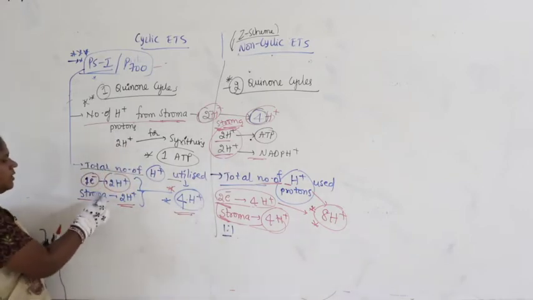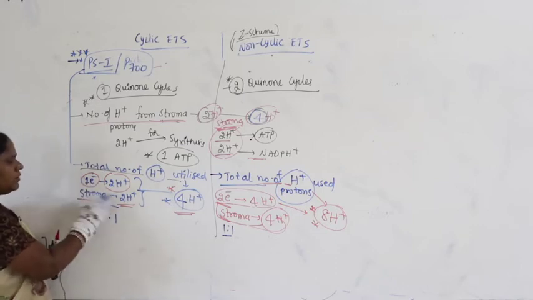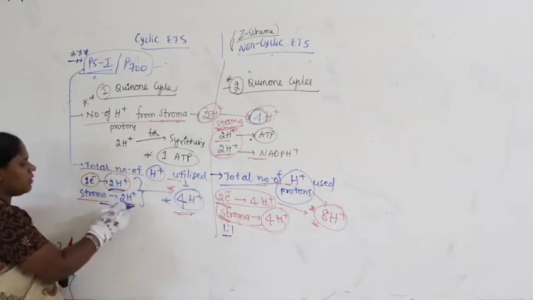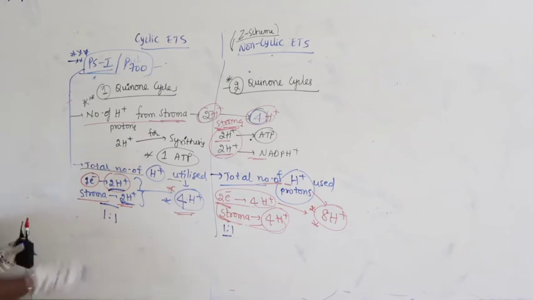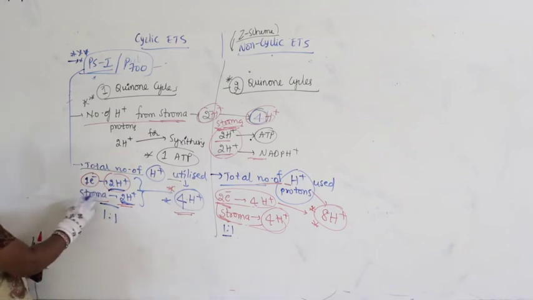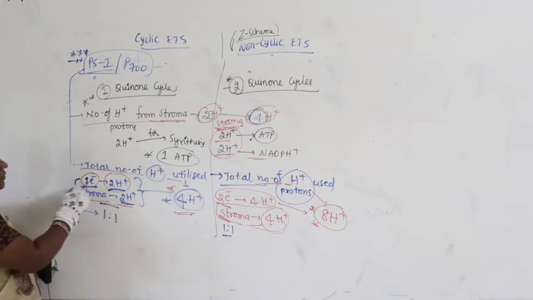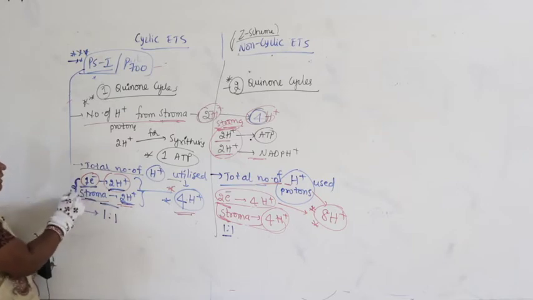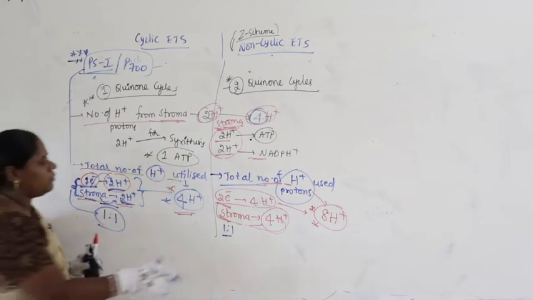The number of protons contributed by stroma from cyclic to non-cyclic is 1:2. But the protons contributed by the electrons and by stroma, in both cases it is 1:1. Here it is 1 electron and stroma with 2 protons, but here 2 electrons and stroma with 4 protons. Why? Because here 1 electron gives 2 protons, and stroma also 2 protons. So when the ratio is asked between the electron's proton contribution and stroma's proton contribution, it is 1:1 in both cases.